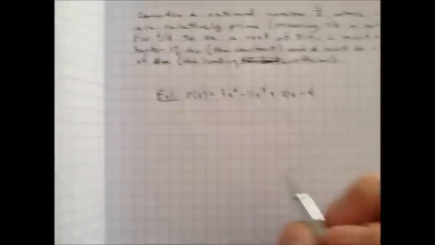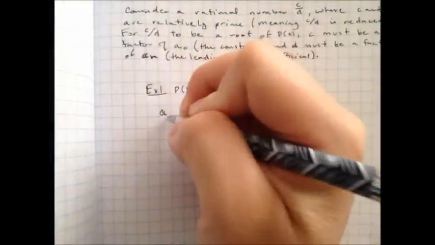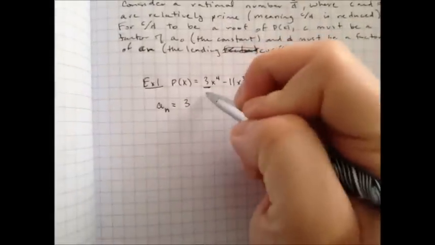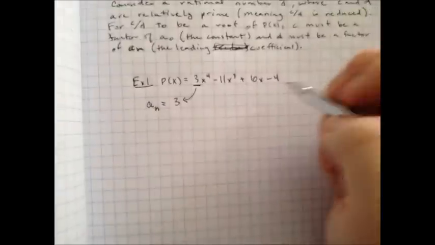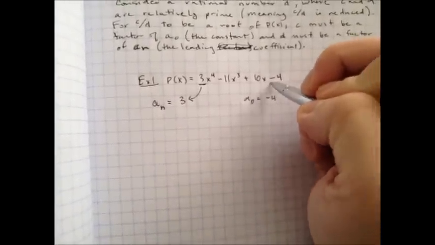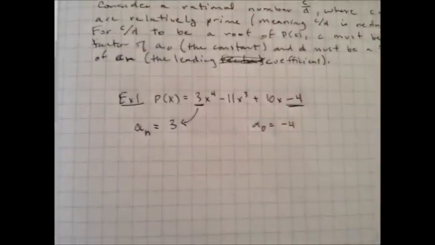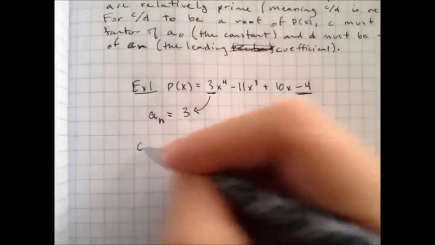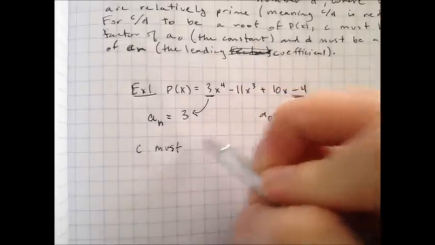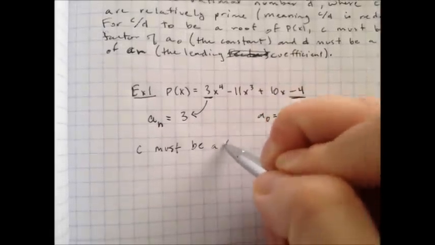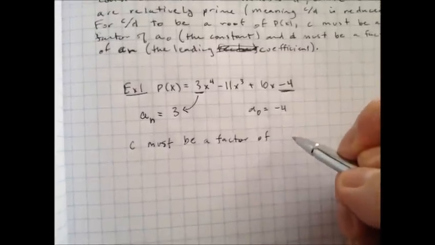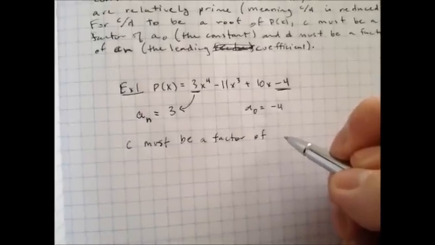minus 4. Okay, so here a sub n, which is the leading coefficient, is going to be 3. Let me get that from right there. Okay, and then a sub 0 is going to be negative 4, which we get from right here. Okay, so that means that c must be a factor of -4.